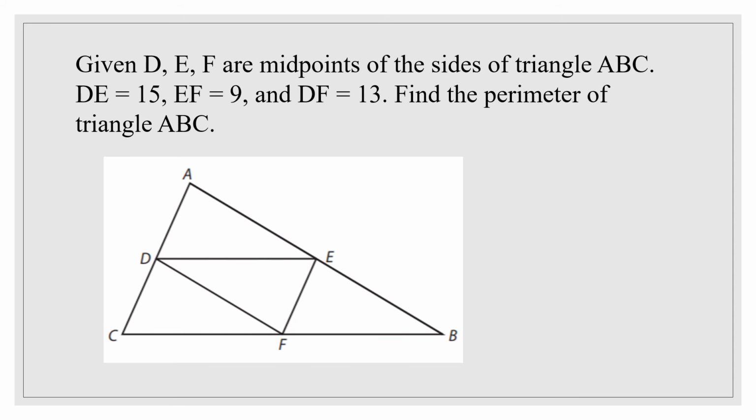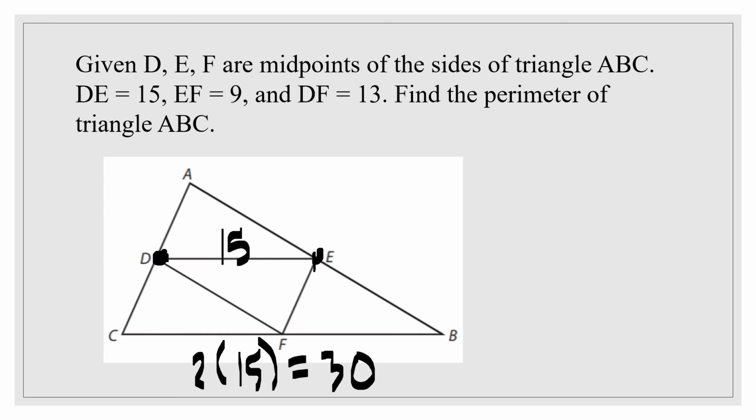Now here we know that point D is the midpoint of segment AC. Point E is the midpoint of segment AB, and point F is the midpoint of segment CB. DE is a midsegment. It's 15 units long, which means that the base, which is BC, is twice that, and 2 times 15, this base would end up to be 30 units long.